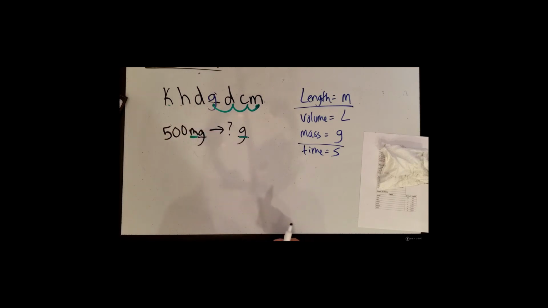In the number 500, I don't have a decimal there. So when I don't have a decimal, where do I want to start? I'm going to start at the end of the number. 1, 2, 3. So my new decimal is going to be in front of the 5, and I am going to get 0.5 grams for my answer.